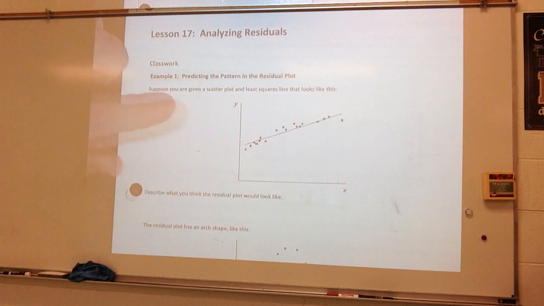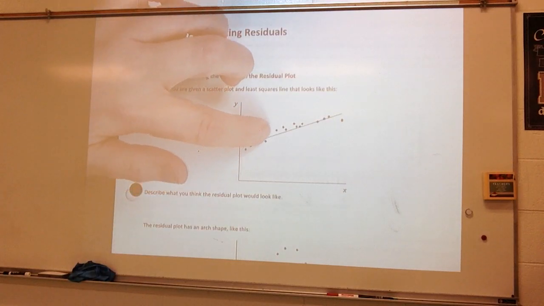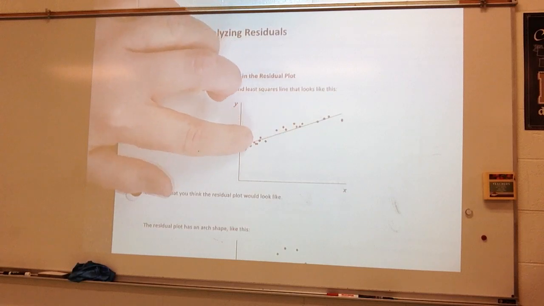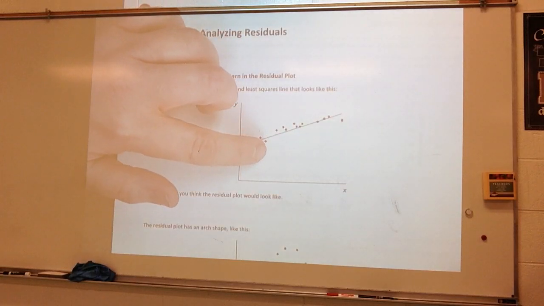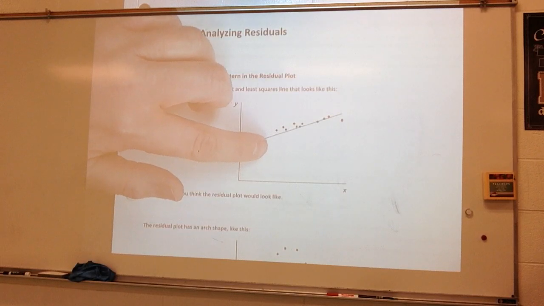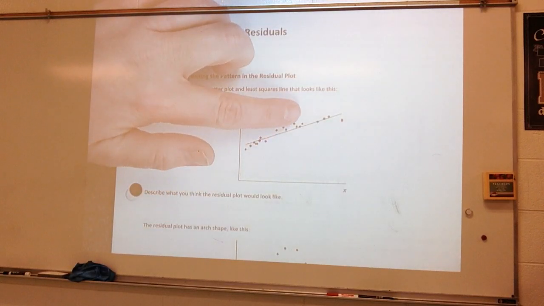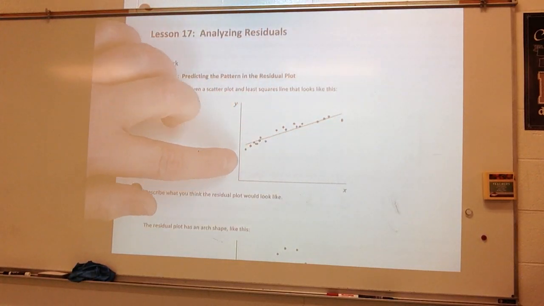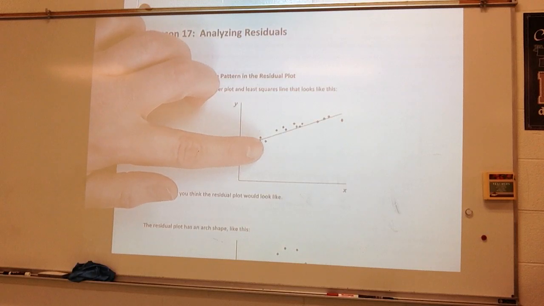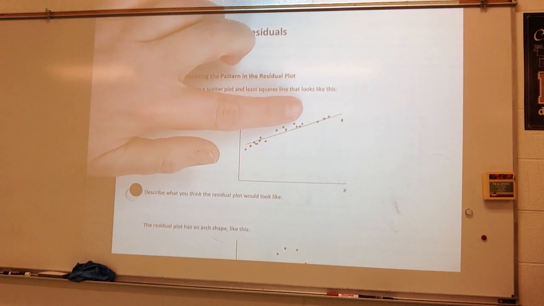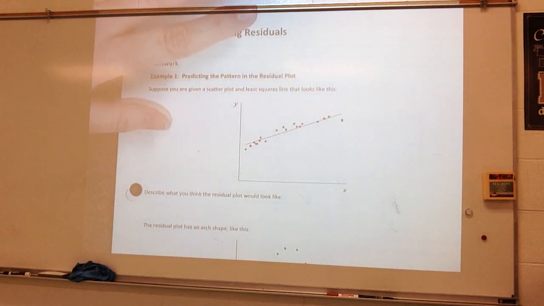Moving from left to right, the points tend to be below the least squares line, then they go above it, then they go back below it. So here we're going to say the residuals were negative, then they went to positive, and then they were negative again.